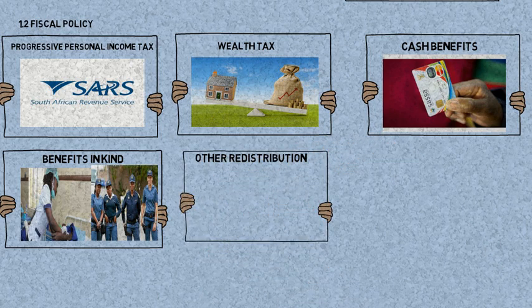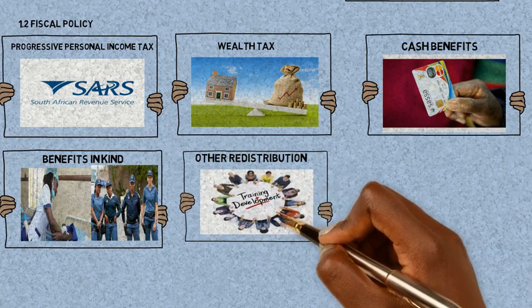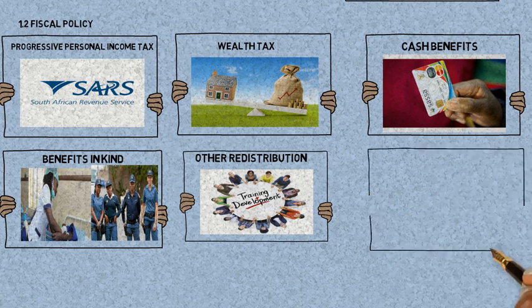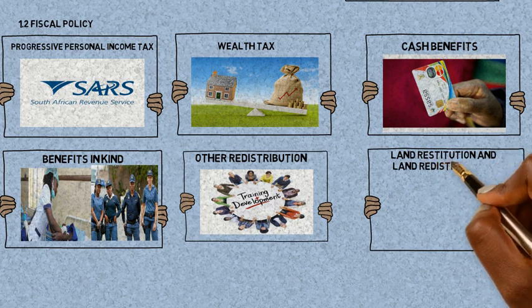These are usually your public works programs. Examples are your SIPs, your strategic integrated projects, that are going to provide employment subsidies and other cash as well as financial benefits such as training, financing, and export incentives. The next one is your land restitution and land redistribution.